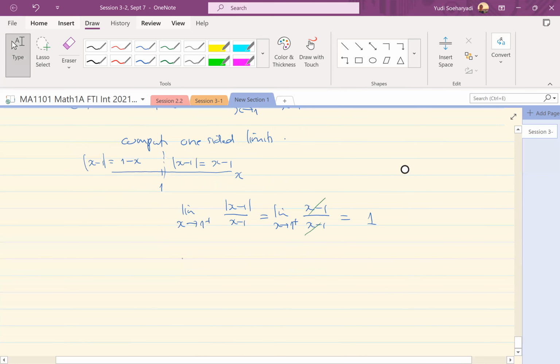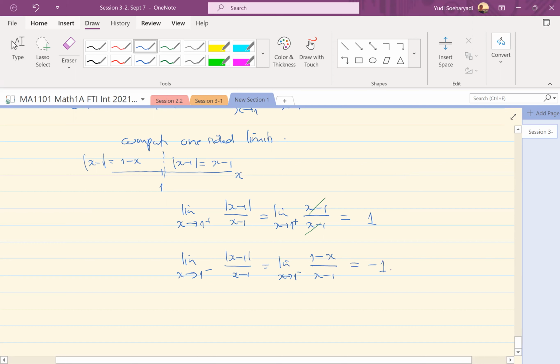However, another observer coming from the left, here, see this absolute value as 1 minus x. So this gives you negative 1.